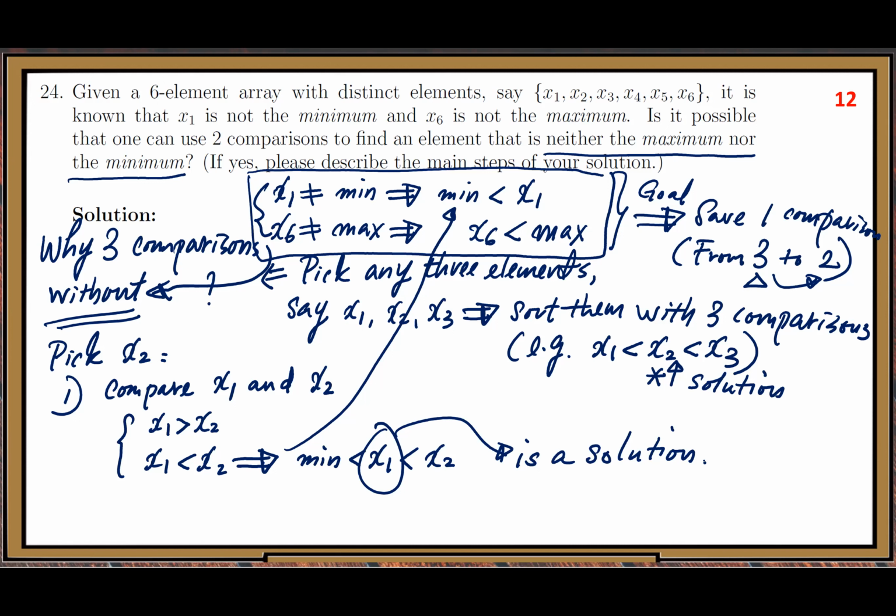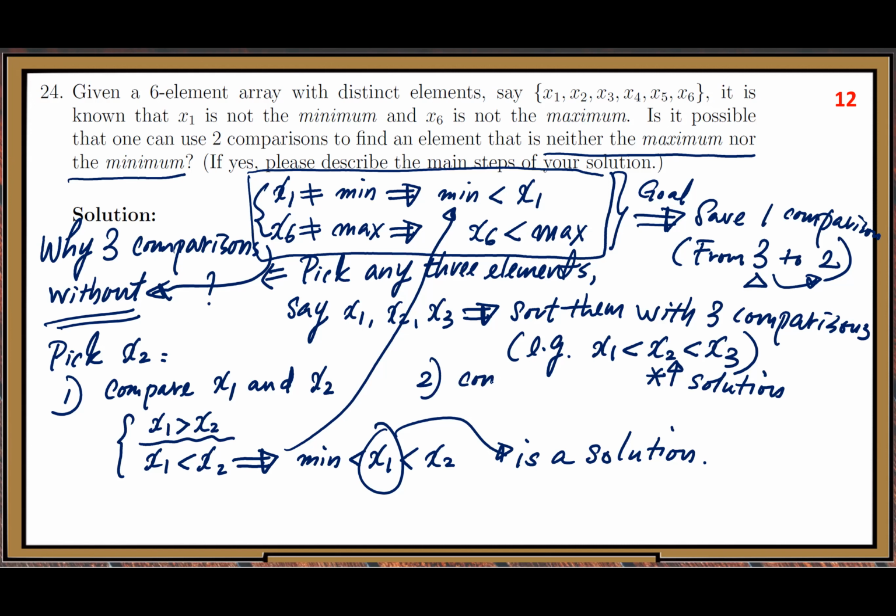Then the harder case, x1 less than x2. Because in this situation, we cannot find a solution yet. So we need another comparison, the second comparison.